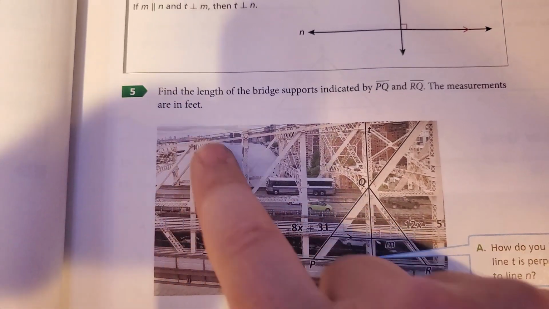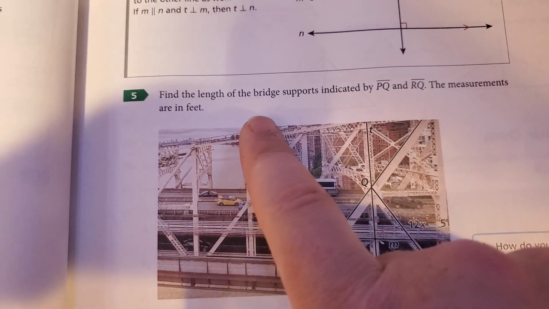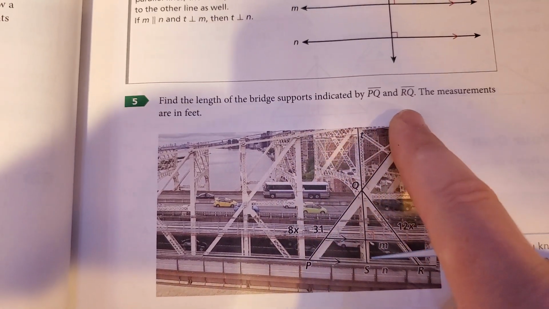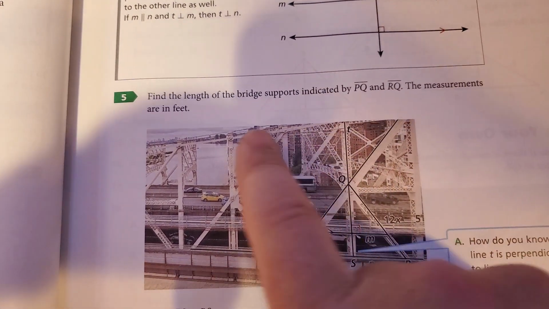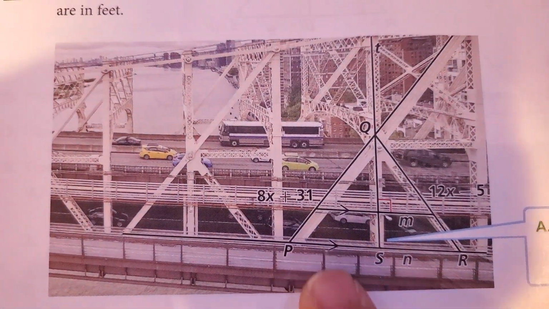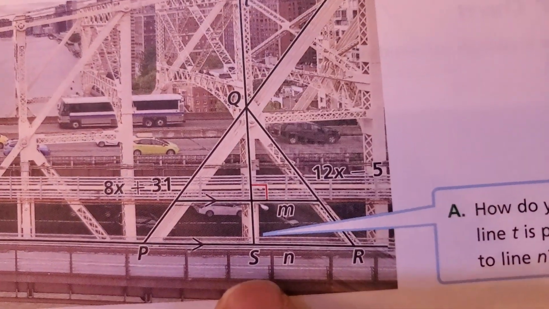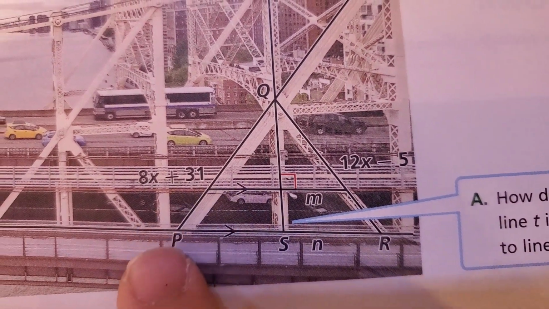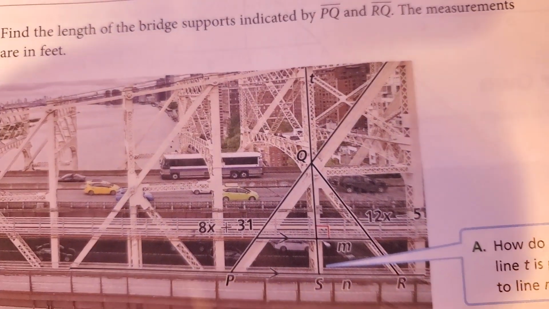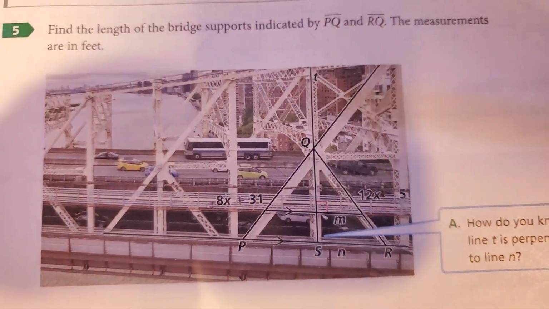It's task number 5 here, and they want you to find the length of the bridge supports indicated by PQ and RQ. The measurements are in feet. I know it's kind of hard to tell on here, but can you see there if I zoom in nice and close here? We're finding PQ and QR, those two lengths along there.